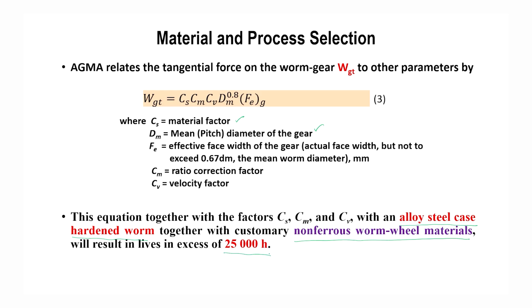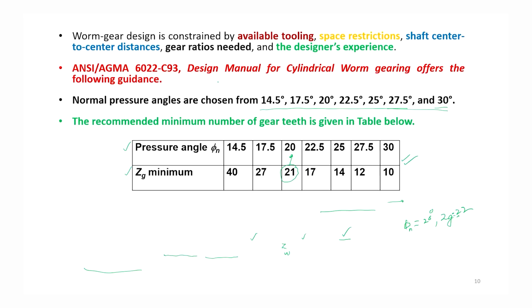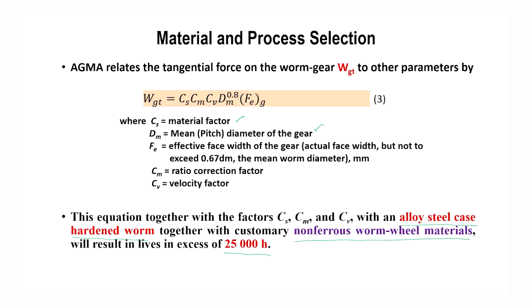In our problem, it was given that the required life is 3 to 10 hours daily. So, if we go for this material, the alloy steel case hardened worm and non-ferrous worm gear material, then the life of this gear set will be more than 25,000 hours and that is matching with our case.